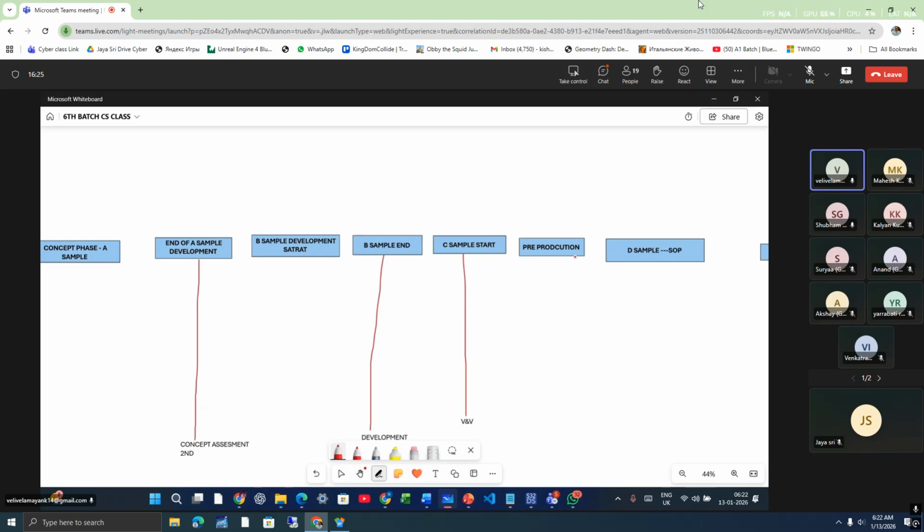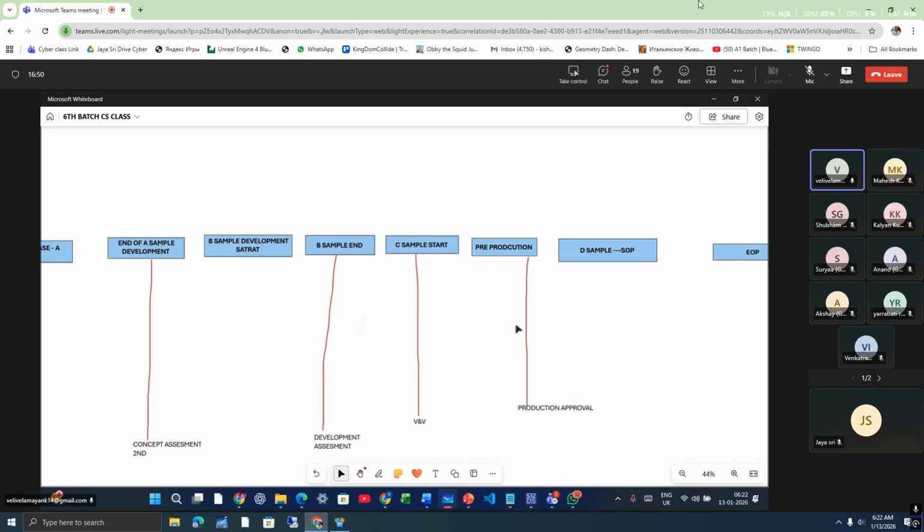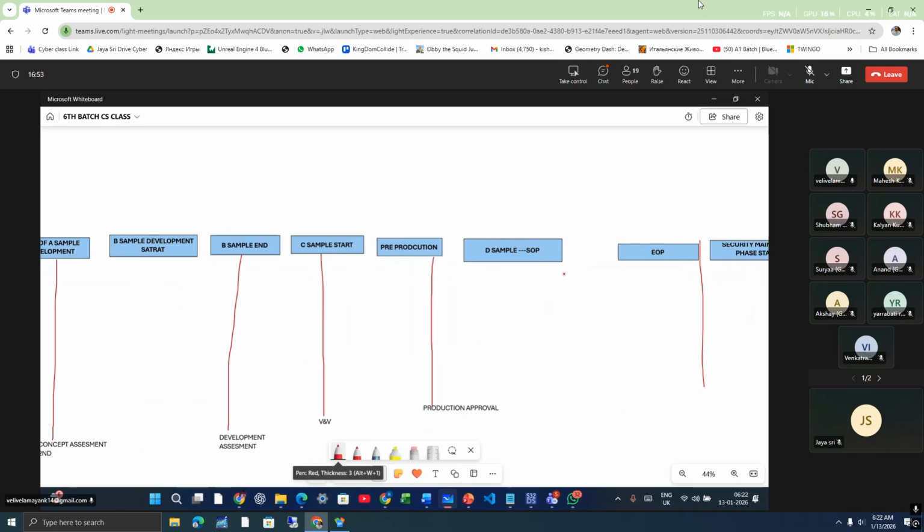Then pre-production time. Complete production activities and production related assessments, and that means production approval. So total it falls under D sample time: complete report validation, your keys and certificates and everything.